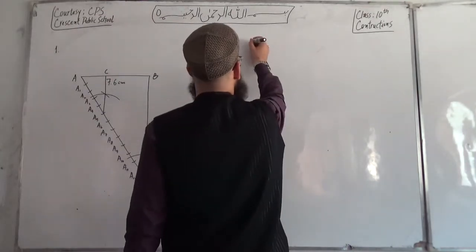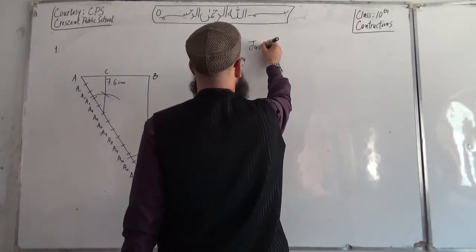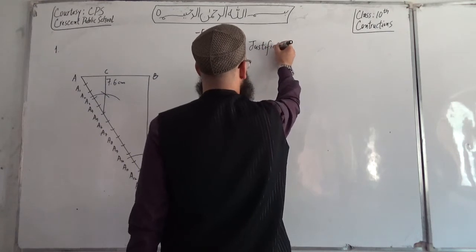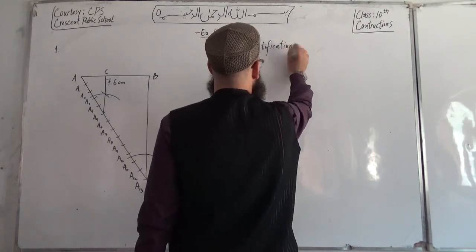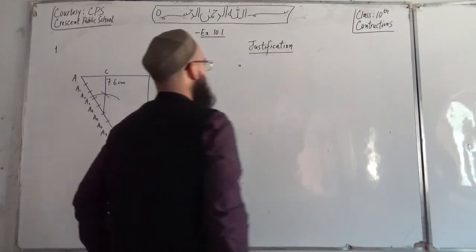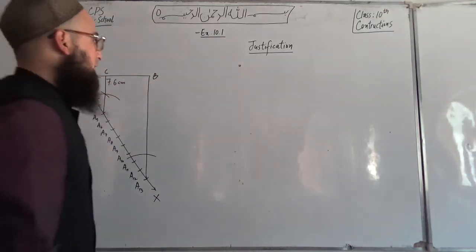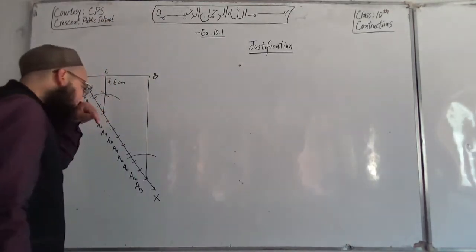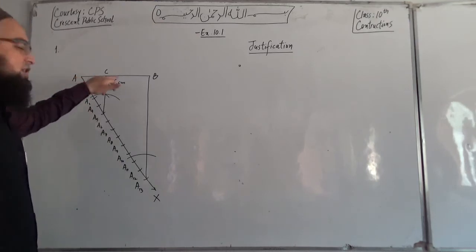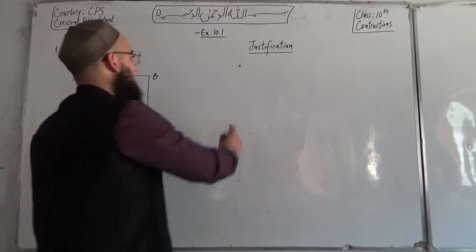Now next thing you do is justification. Let us justify that AC is to CB is 5:8.